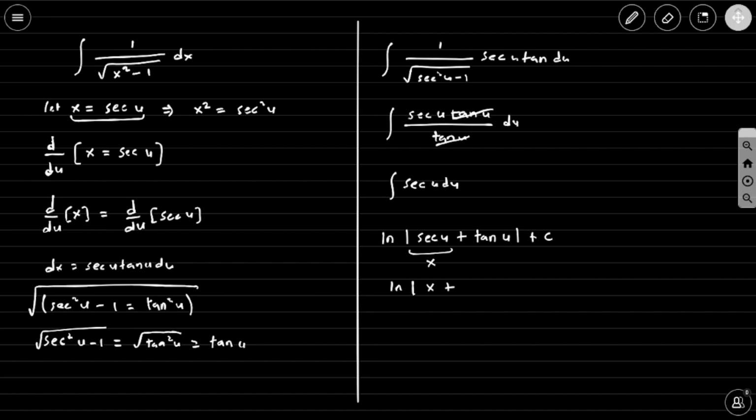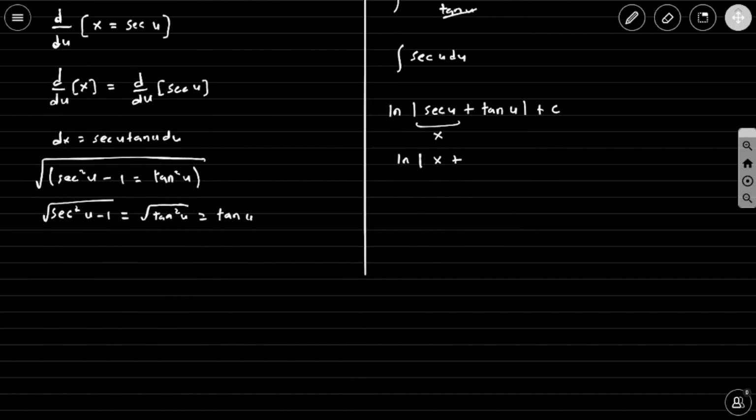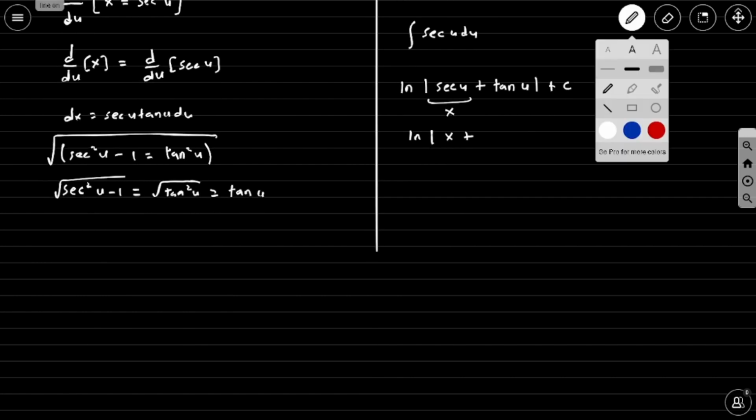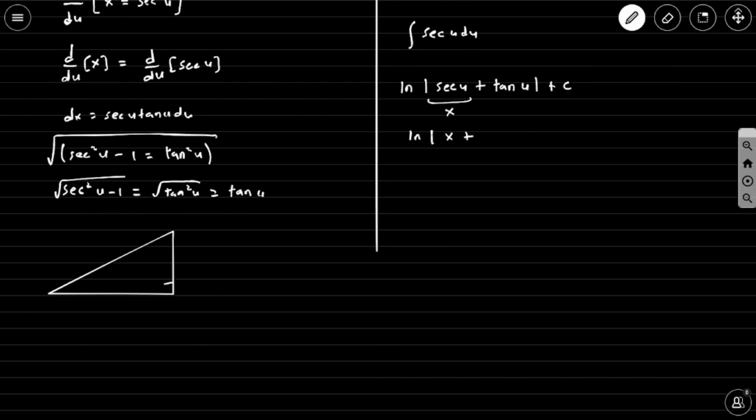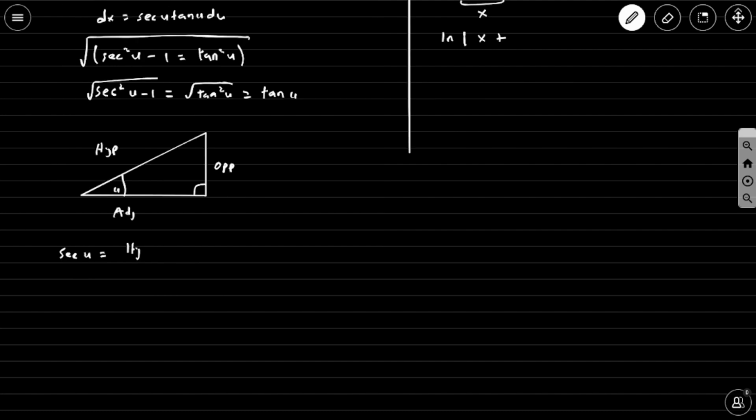Well, we're gonna draw a right triangle. One of the angles is 90 degrees, and our angle u, for example, in this place. Then this is gonna be the opposite, this is gonna be the hypotenuse, and this is gonna be the adjacent. Secant u equals hypotenuse over adjacent.